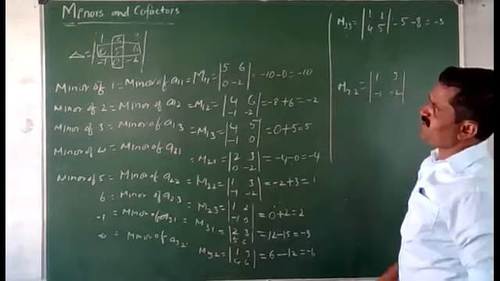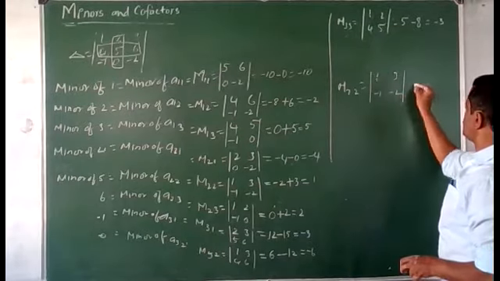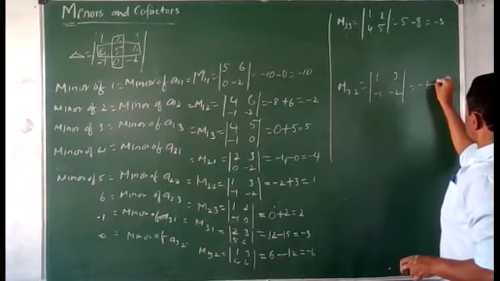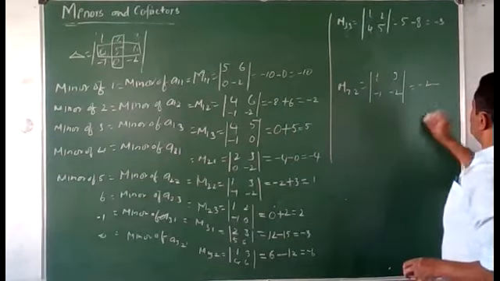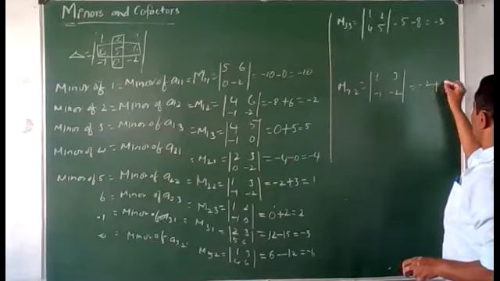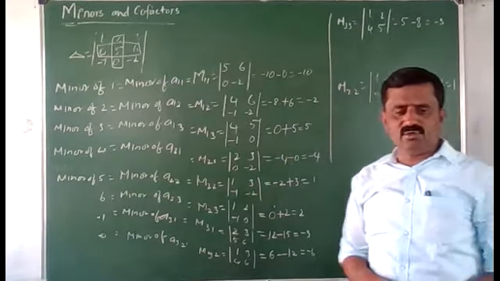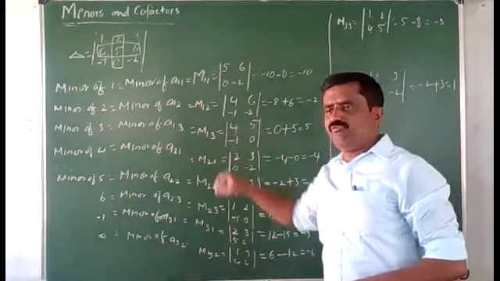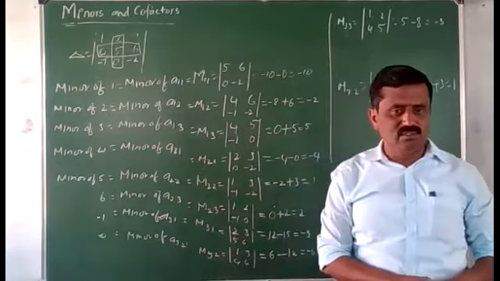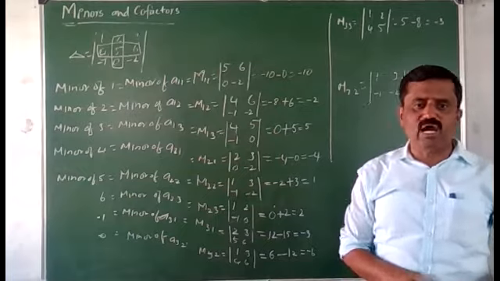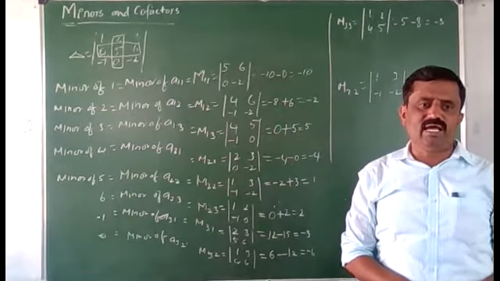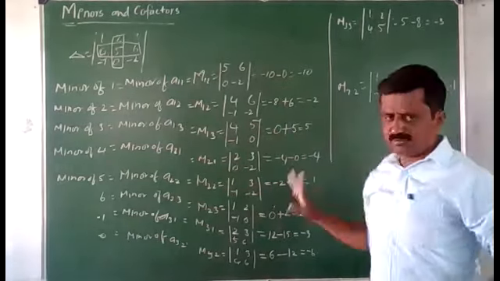Now simplify this: 1 into -2, minus -1 into 3, that is -3, minus or minus plus, that is equals to 1. Okay, so remember this. It is very helpful to find the cofactors. To find the cofactors we have to find the minors. So this is the method.